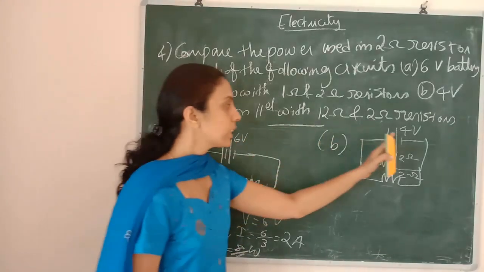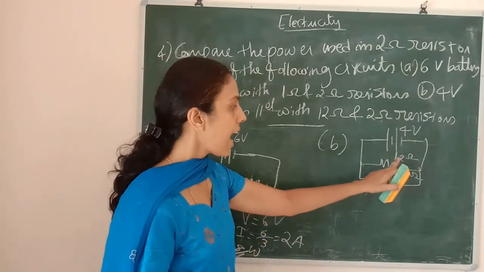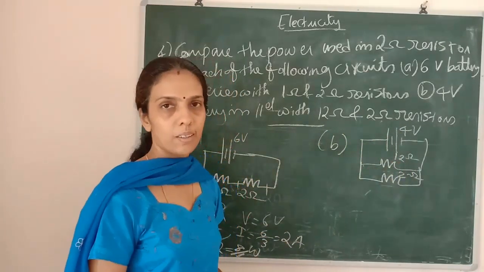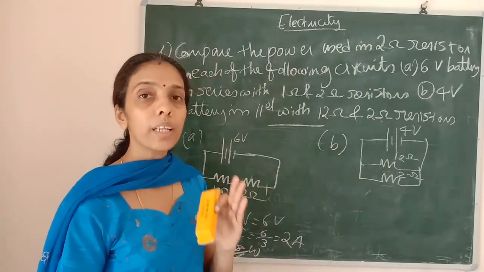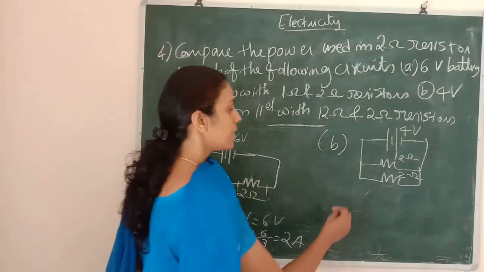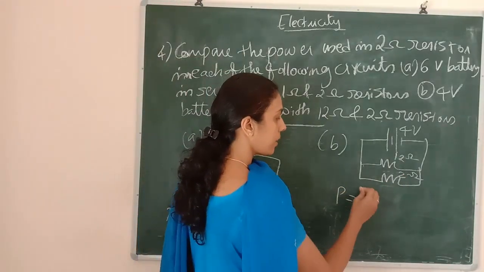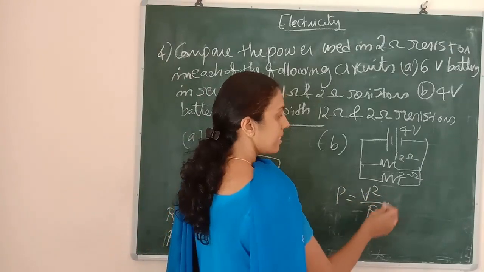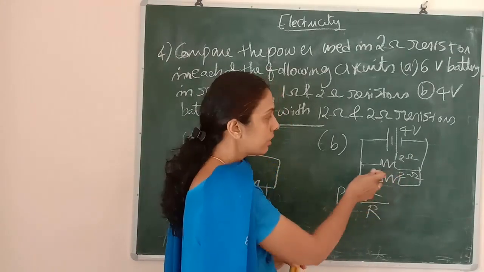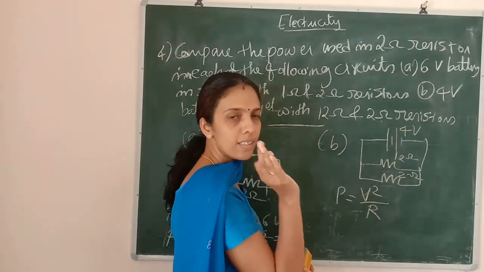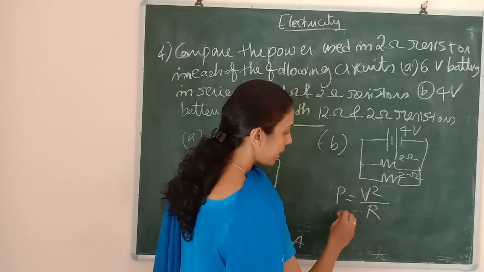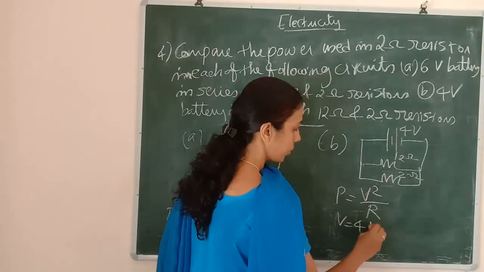Okay, so the next one, 4 volt and 12 ohm and 2 ohm resistor. We should find out the power across the 2 ohm resistor. So what is the formula to find the power? V square by R. Since it is a parallel connection, voltage will remain the same. So what is V here? V equals 4 volt.